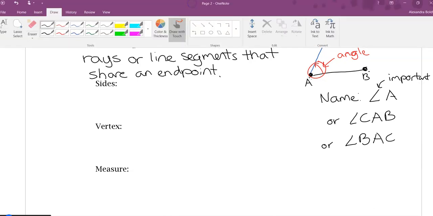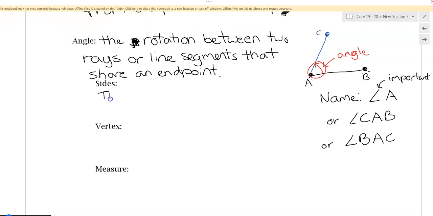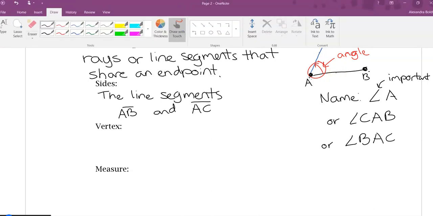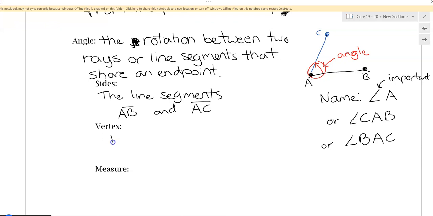So the sides of an angle are the line segments. So in this case, it's AB and AC. Okay, so every angle has 2 of them. The vertex is the shared endpoint.